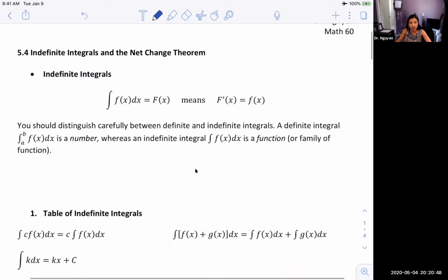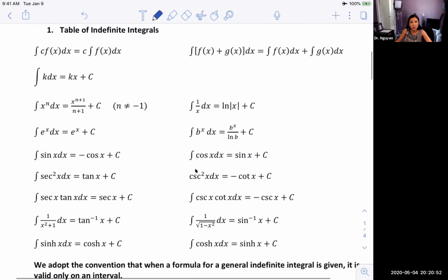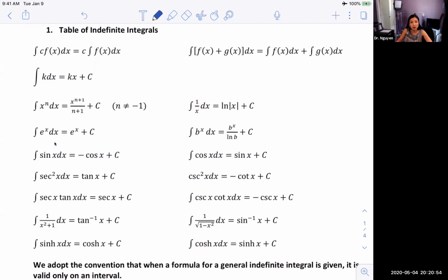This table right here is very important. Hopefully by now you can memorize some of the properties in this table, like the constant, and addition is quite easy. Power, you definitely need to know the power, and ln x.